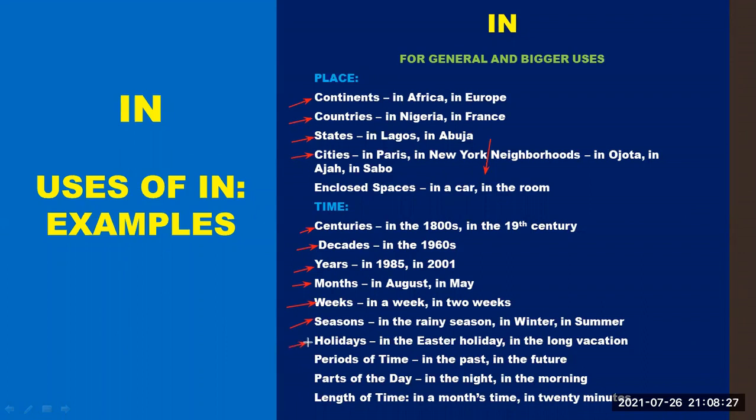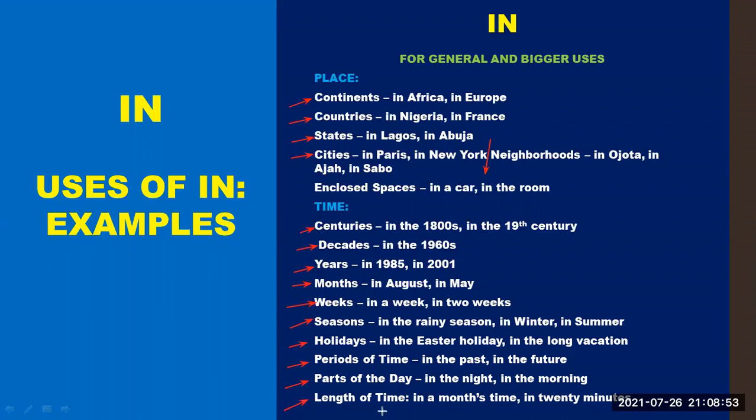Then talking about holidays, you can say in the Easter holiday, in the long vacation. You use in for periods of time such as in the past or in the future. Talking about parts of the day, you can say in the night or in the morning.